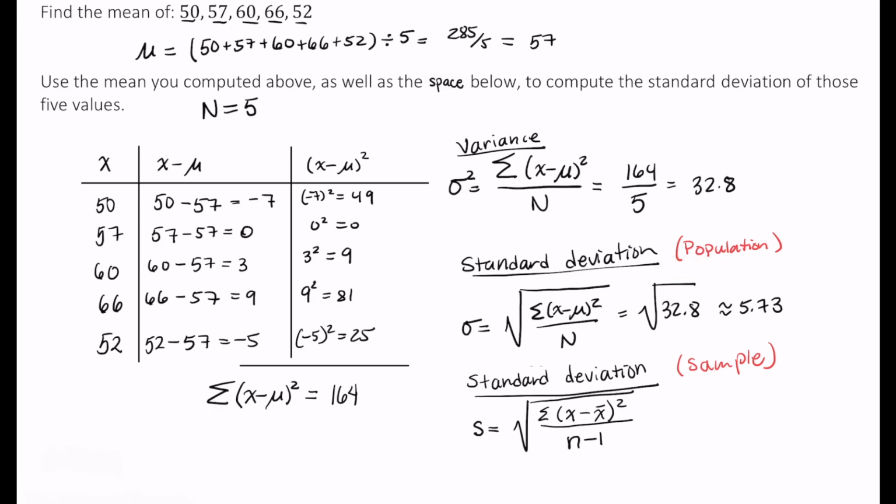So how do these numbers help? Well, in this case, the denominator would be 5. If we were computing this as a sample, we would have 4 here instead of the 5. So you've made the denominator of this fraction smaller. That makes this entire number larger to approximate what a population would look like.